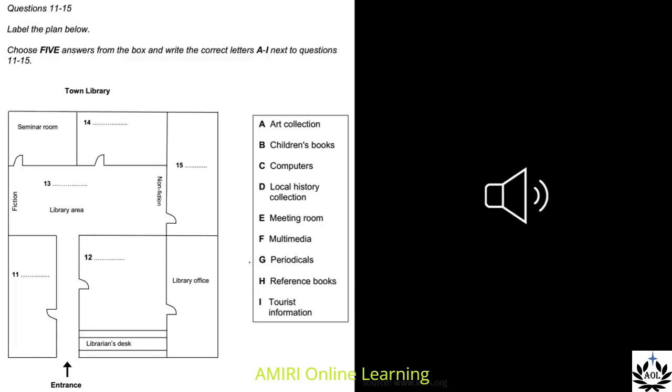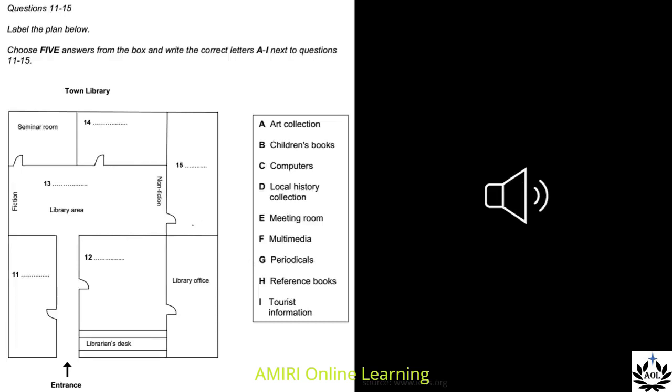It was originally the art collection, but that's been moved to another building. And that's about it. Oh, there's also the library office on the left of the librarian's desk. OK. Now, does anyone have any questions? Yes, thank you, sir.